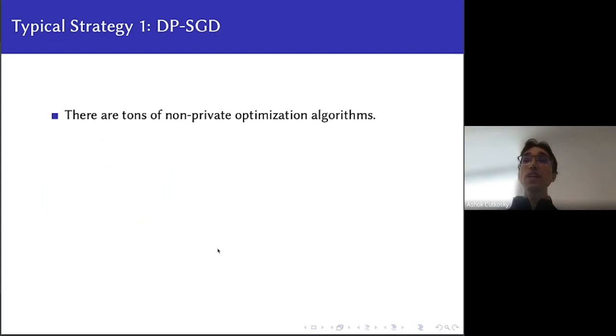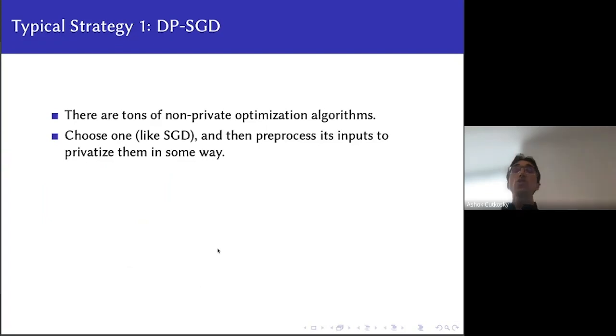You would observe first, hey, there's a lot of non-private optimization algorithms out there, so I can just choose one and then process its inputs in some way to make the whole thing private. And this is appealing from an engineering perspective, perhaps, because you can have two engineering teams. One of them, its job is to produce better non-private optimization algorithms. They don't have to worry about privacy.